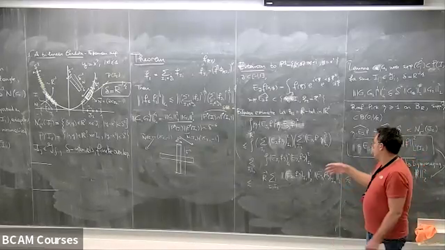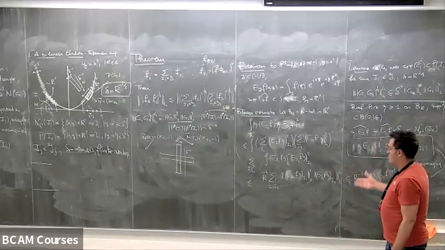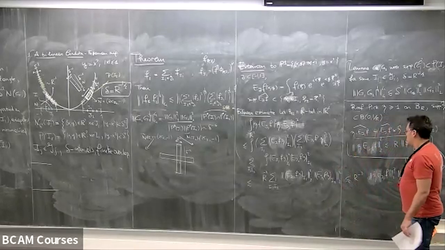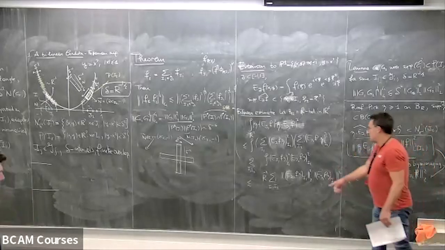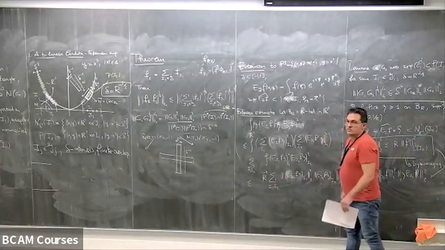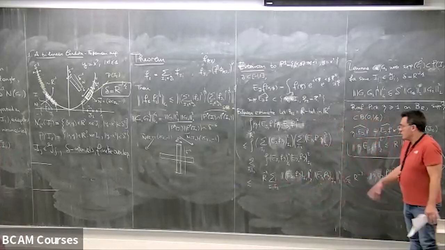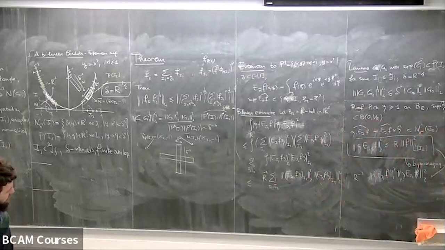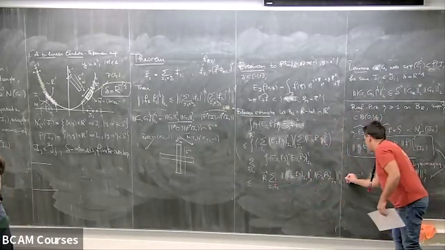It's the trick that we used before. It's the sum of I1 squares times the sum of these squares. It's equal.